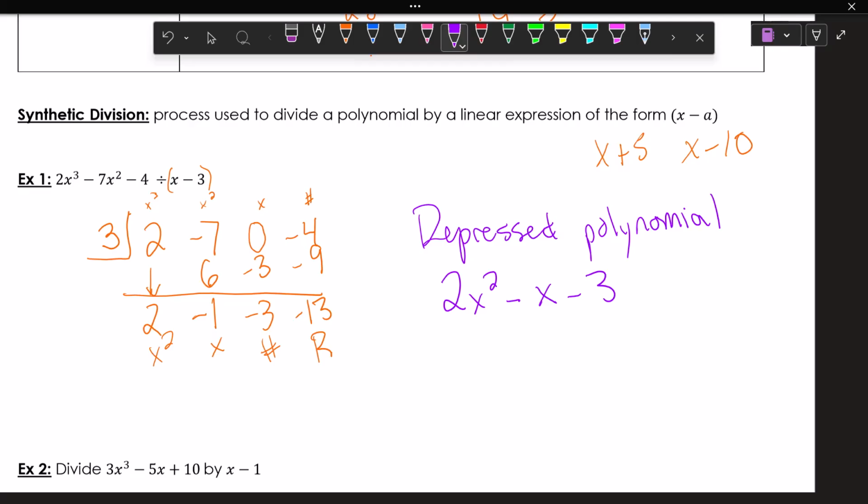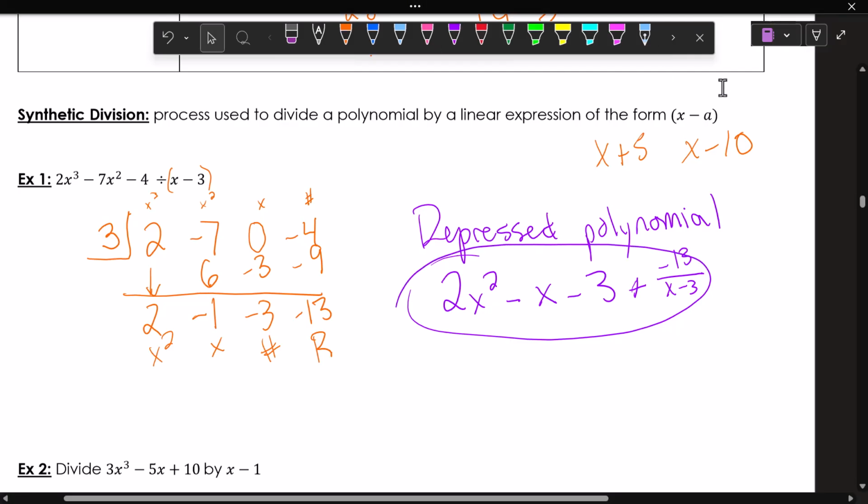And then the way we write our remainder is we basically put it as a mixed number, negative 13 over, now what are we dividing by? X minus 3. So if we were to multiply this back out and then add in the negative 13, we would get back to the original problem. So that is our answer here.